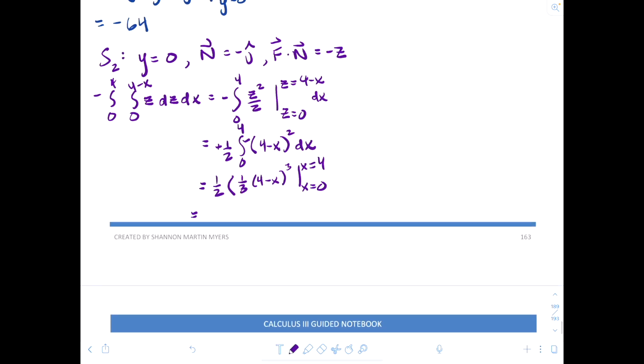So that's going to be 1/6 times 0 cubed minus 4 cubed. And so that would be negative 64 over 6, which will be negative 32/3.